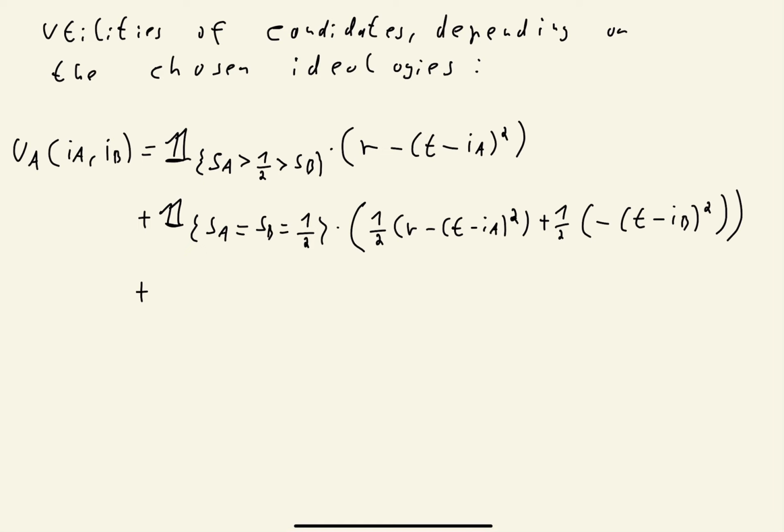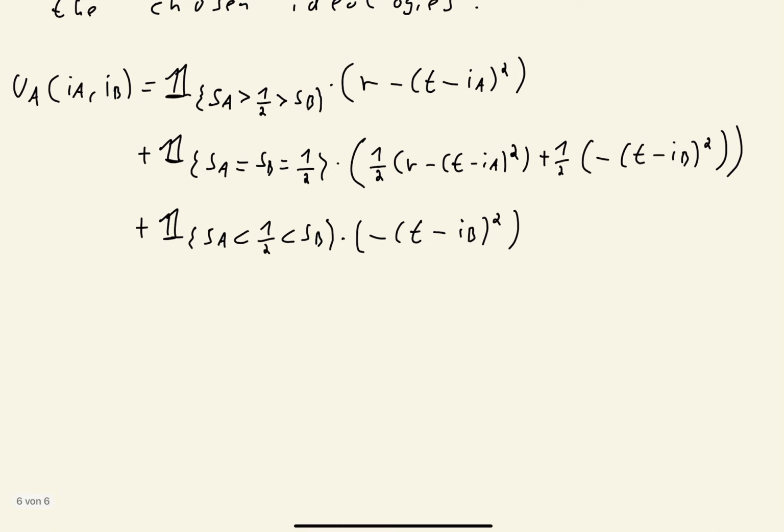And the third possibility is that candidate A loses. So this is SA being strictly smaller than 1/2, being strictly smaller than SB. And in this case, the utility of candidate A is simply given by minus (T minus IB) to the power of 2. Now, this is basically the full utility function for candidate A, depending on the 3 cases.